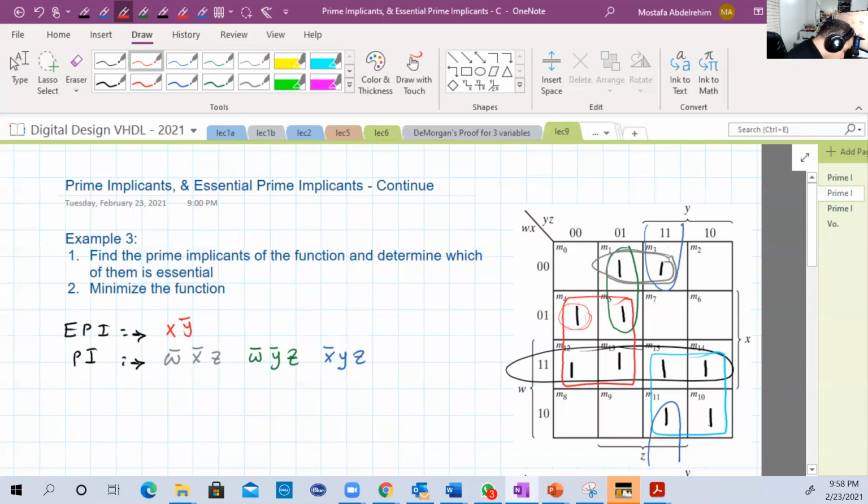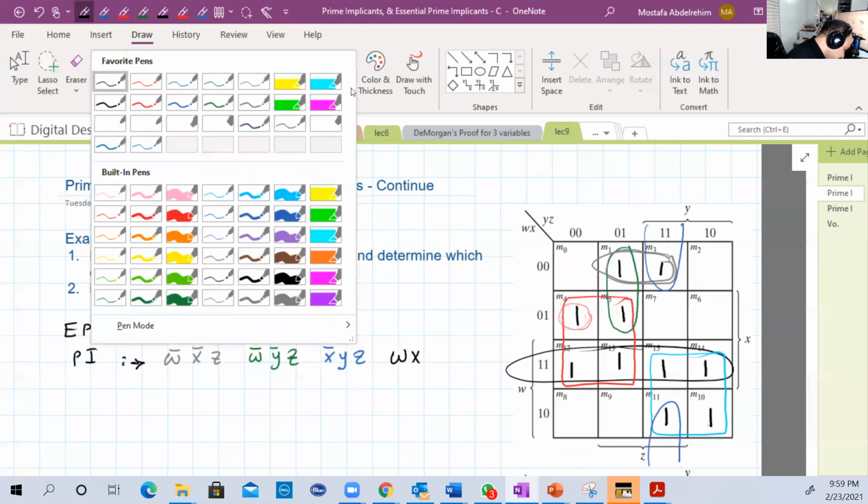Now the black. The black is basically redundant. All its elements are contained with other prime implicants. So we can write the black here, and the black is W not changing, X, WX.